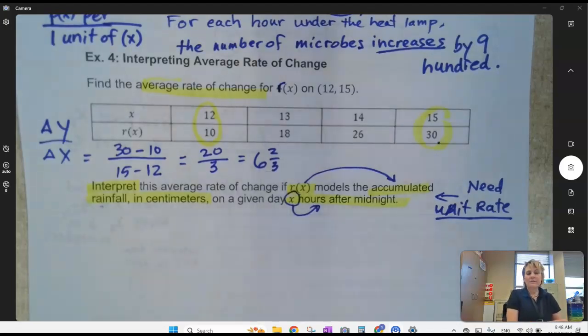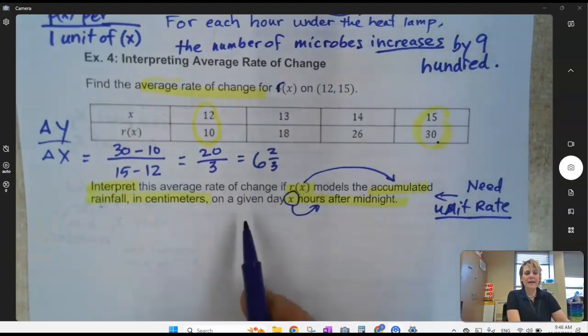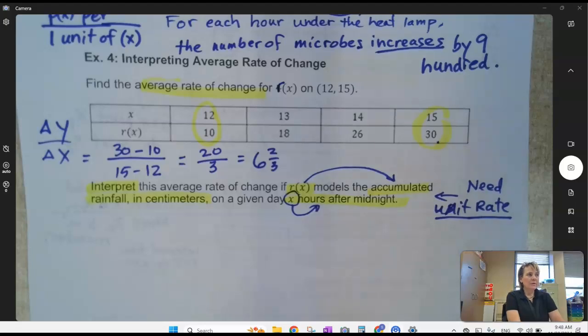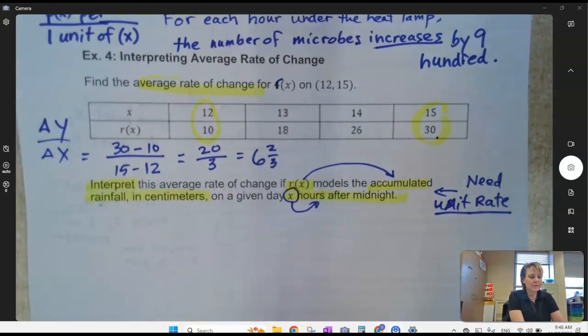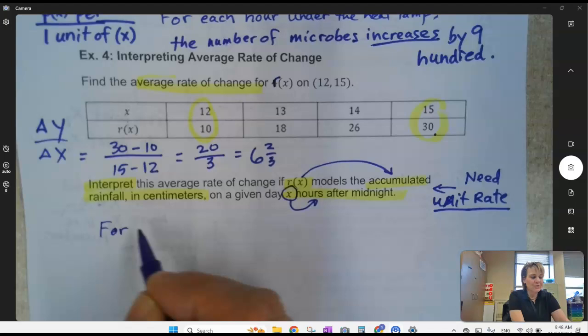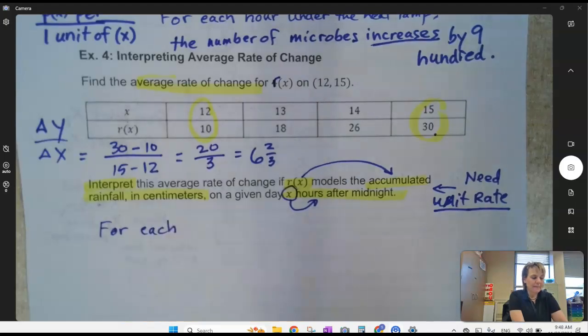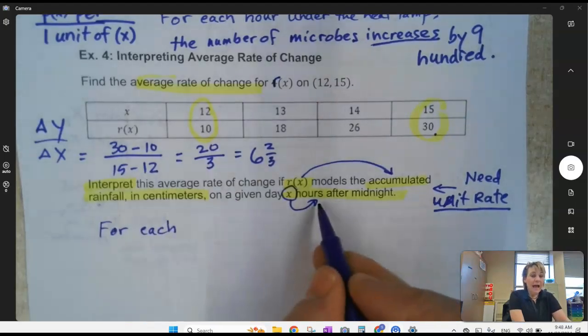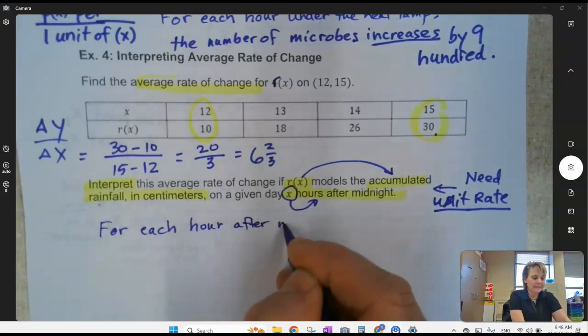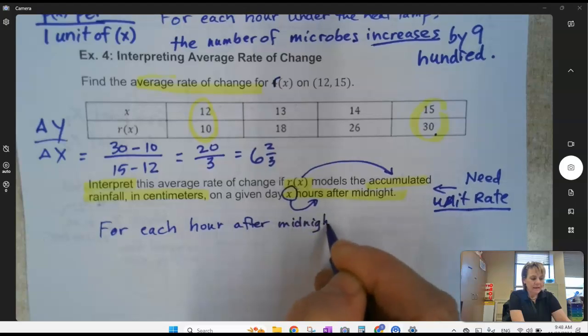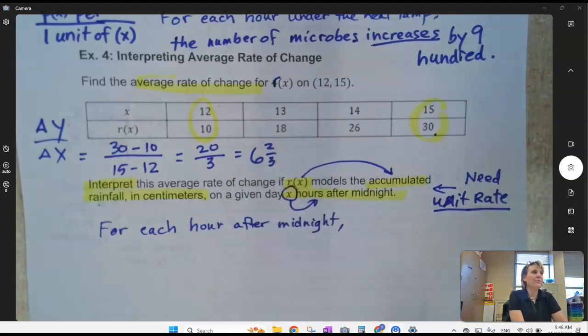20 divided by 3 gives me 6 2/3. Again, I need the unit rate to do the interpretation. So for the interpretation, I want to start out with for each. For each, what's the x? The hours. So for each hour after midnight, and then we write what's happening to the y value, to the r of x.